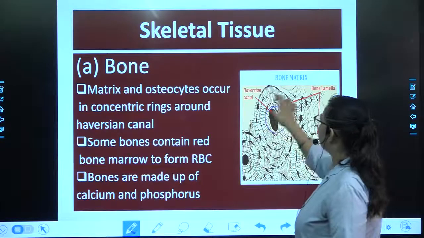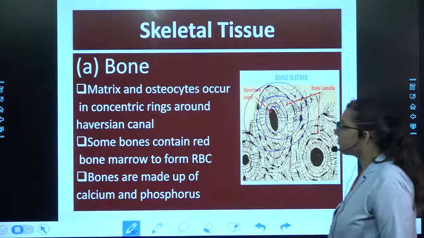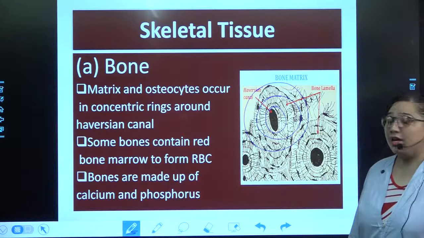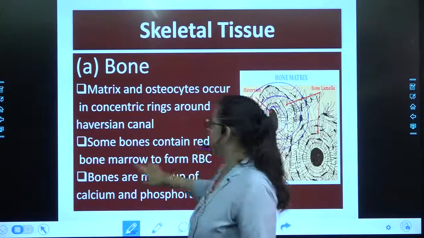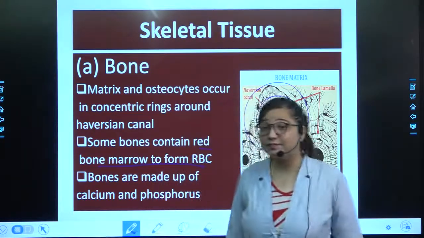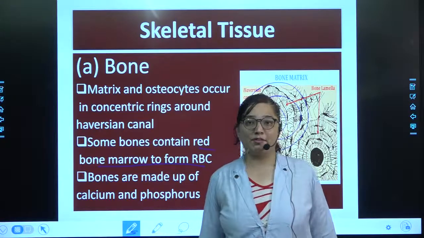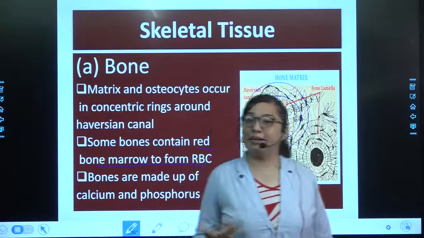These are the concentric rings around the Haversian canal. While some bones contain red bone marrow to form RBC. You might know about the red bone marrow, right? You also might have studied or heard about them in many movies.